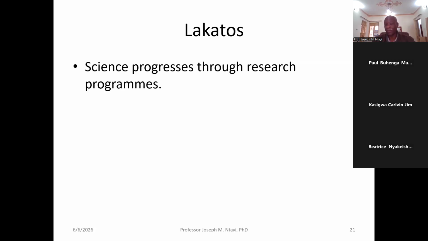We've gone through Karl Popper's conjectures and refutations, and we've also looked at Thomas Kuhn's structure of scientific revolutions. So Imre Lakatos now comes up with a view that actually mediates the two positions.